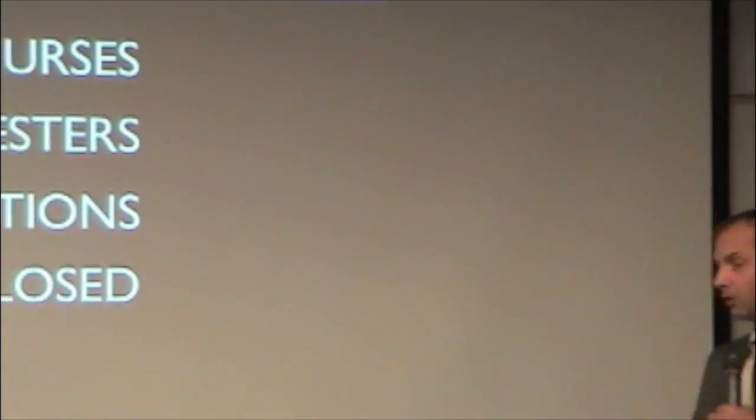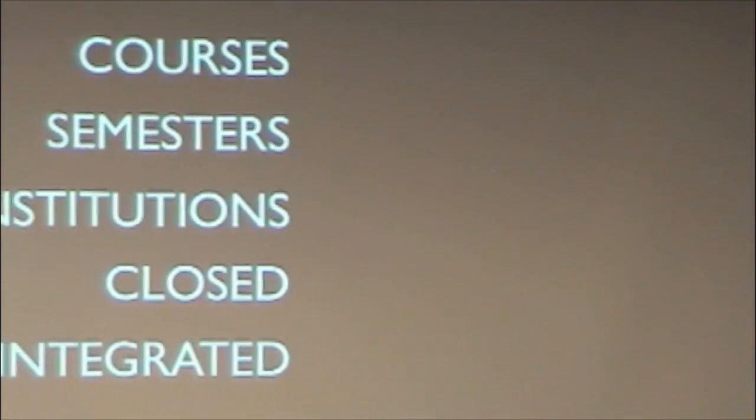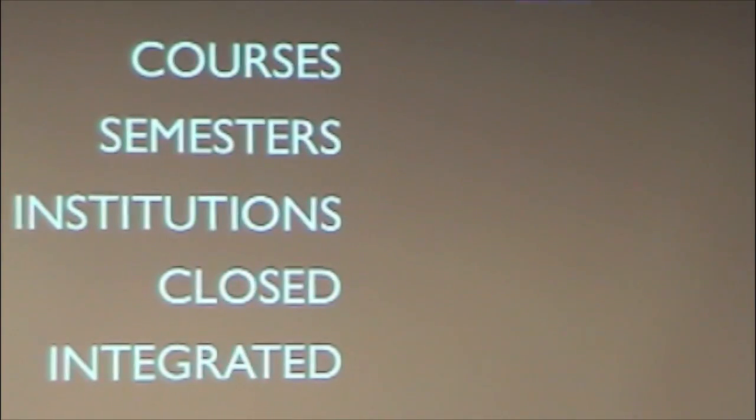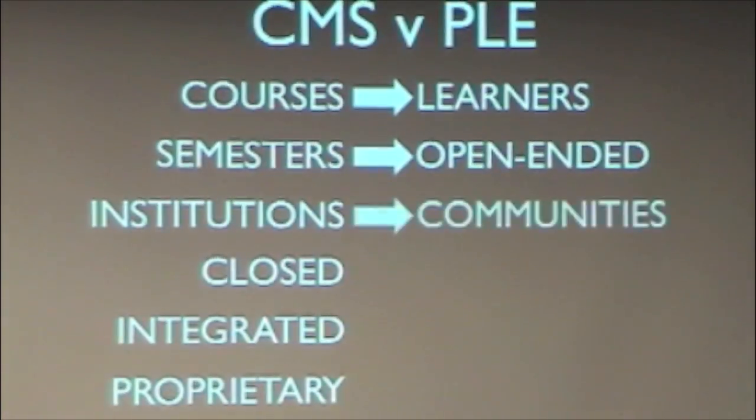So, as you lay out the difference between the CMS and the PLE, if the CMS is focused on courses, semesters, institutions, it's a closed environment, it's integrated vertically, and it's proprietary, then the PLE is the opposite of all of those.